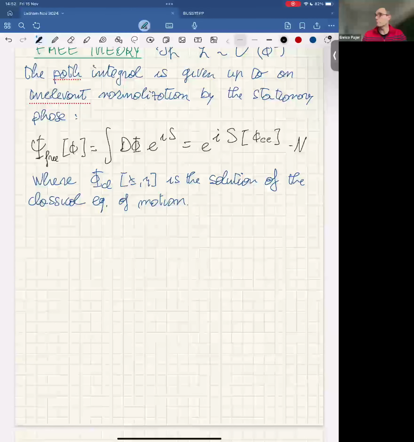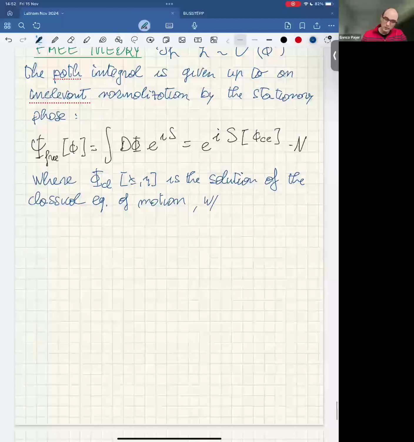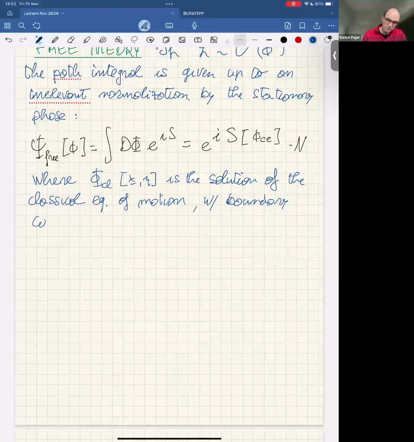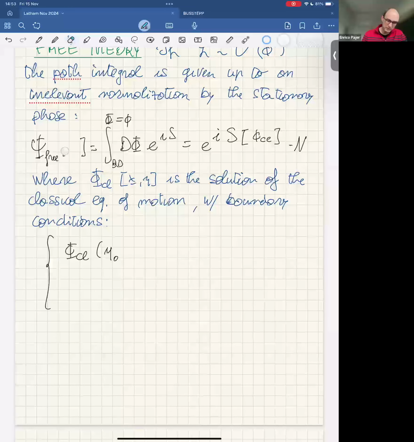Okay, meaning the classical equation of motion are just box minus m squared phi equals 0, with boundary conditions. Let's see, what are the boundary conditions? We want to start from this Bunch-Davies state and end up with this configuration phi. So the correct boundary conditions are for phi classical at time, let's say that we computed the wave function at time eta 0.